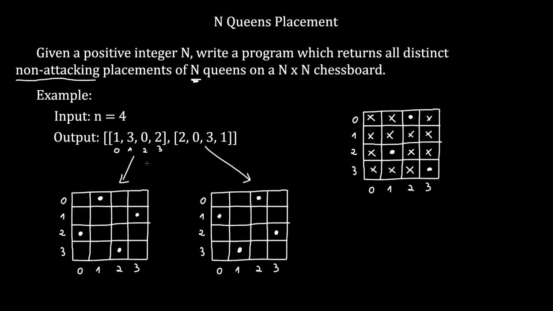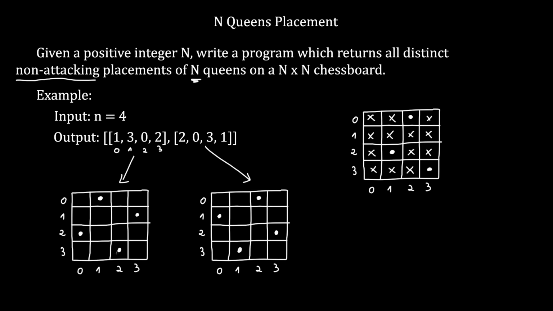The row is given by the index. So the element on index 0 is 1. So the first queen is on row 0 and column 1. And here it is. The next queen is on row 1 and column 3. And here it is. The next one, row 2, column 0. Here it is. And row 3, column 2.